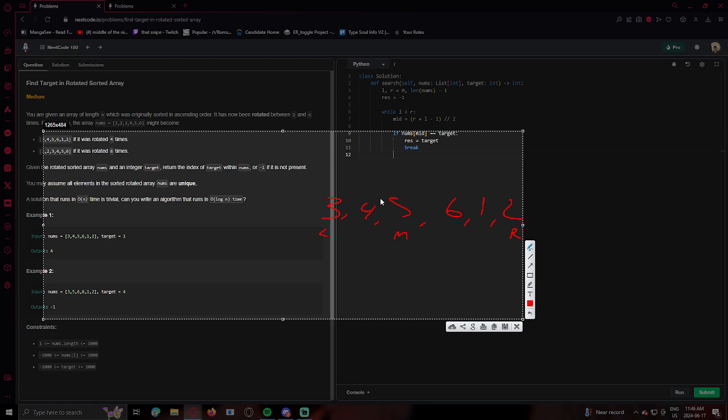We have to find a way to ask, because we know it can't be between 3 and 5, because the only number between that is 4. And then it has to be between 5 and 2, which makes sense.